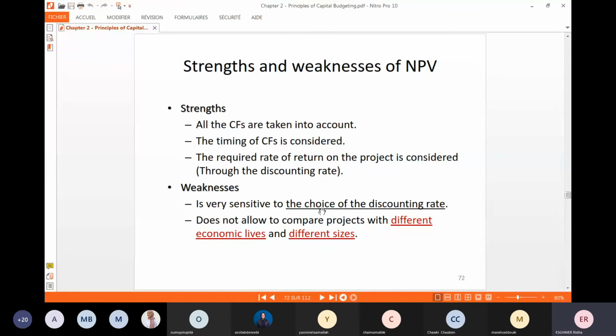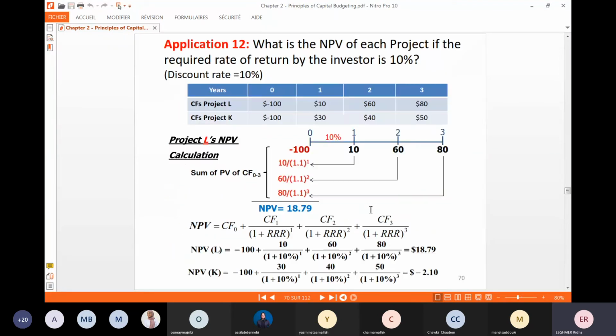Because if you recompute the NPV with a 20% discount rate, even one that was positive becomes negative. So the NPV is very sensitive to the choice of the discount rate. And here we will see how to choose the appropriate discount rate. Also, the NPV can't allow us to compare projects with different initial investments or different lives, one of 3 years and the other of 5 years.